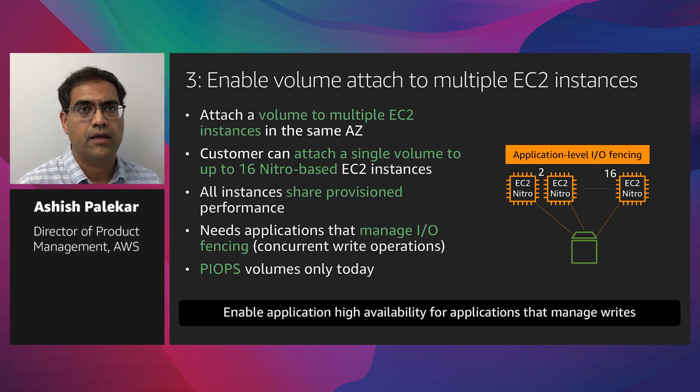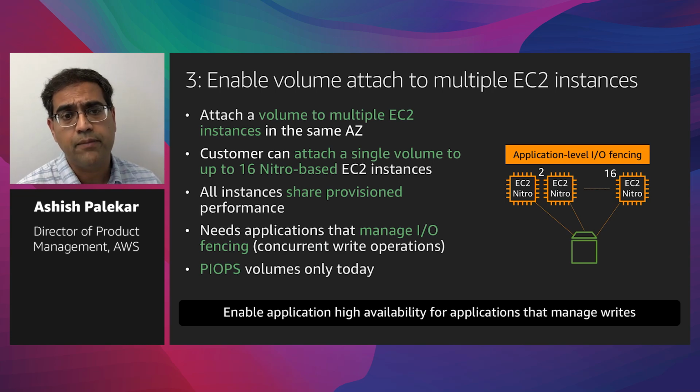This is a core capability that is necessary for certain types of clustered applications. The important thing to remember is that EBS is not doing storage fencing or IO fencing at the storage layer, which means you need applications that can coordinate IO across nodes without using storage level IO fencing.